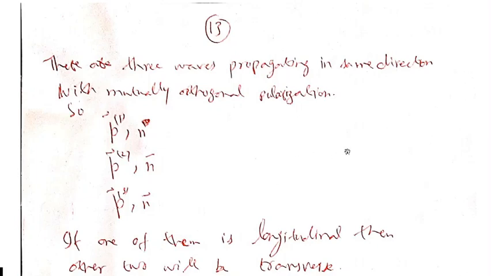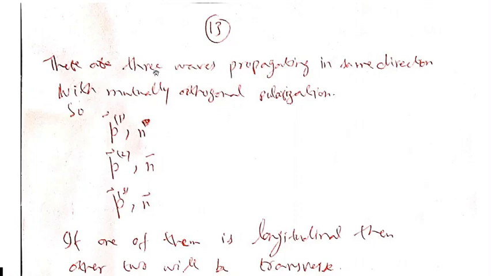Now we will see how many waves there are in a material. There will be 3 waves propagating in the same direction. Why are we taking the same direction? Because n will be fixed. And why are we saying 3? Because there will be 3 principal directions which are mutually orthogonal.